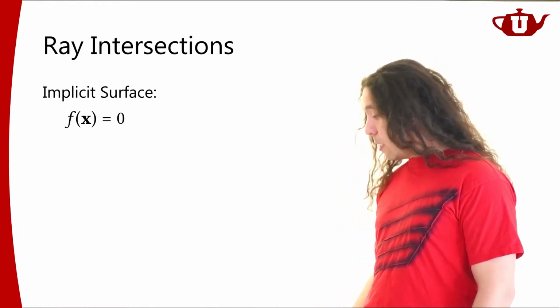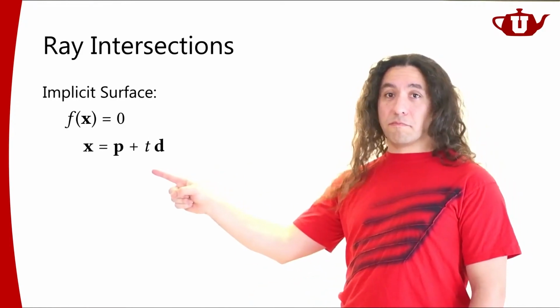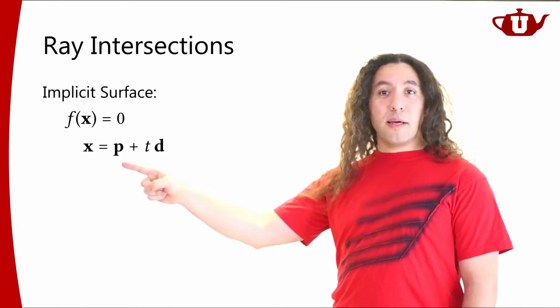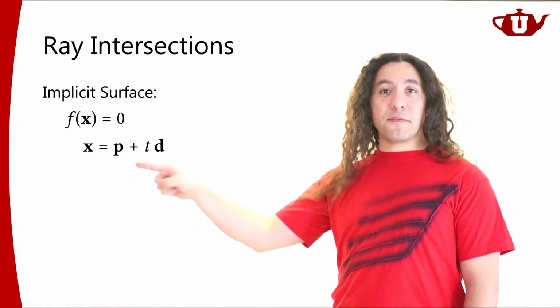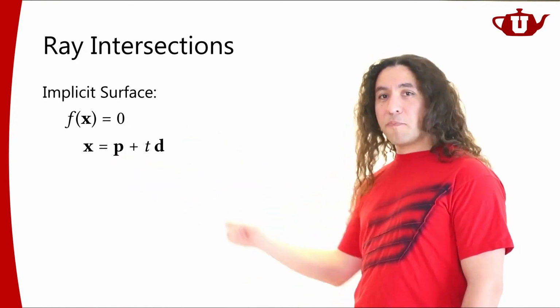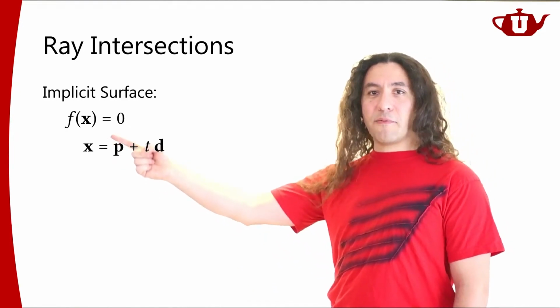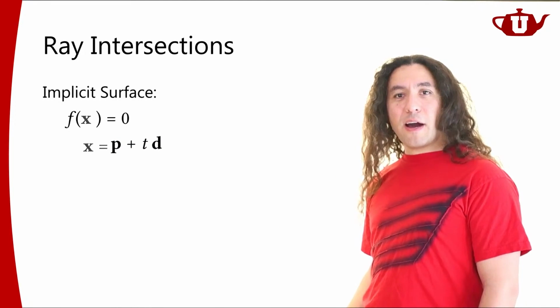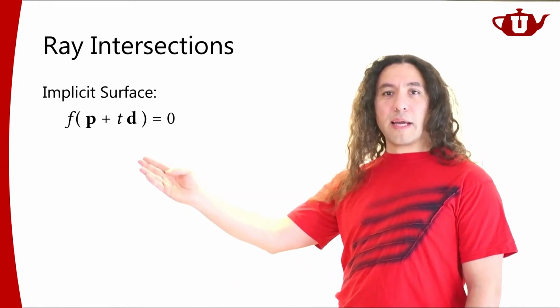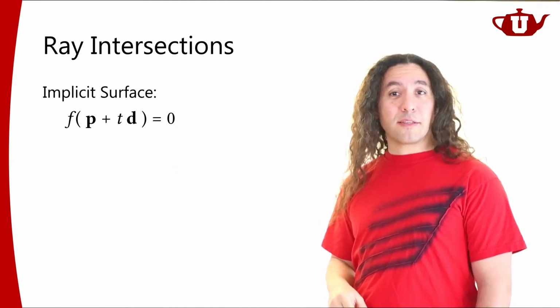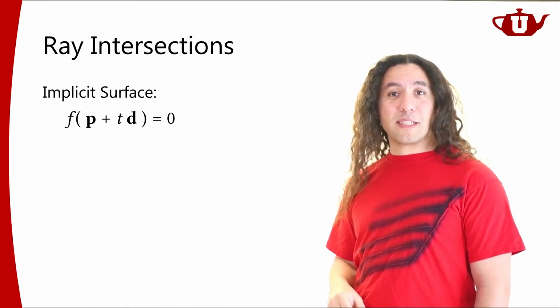So all I have to do is write this equation for a point on the ray and check if these two equations can be satisfied. That is, if I take this x and replace it with this form, and I can write this, that means my ray intersects with this implicit surface.